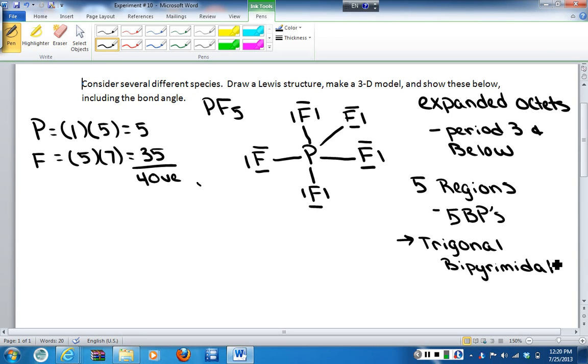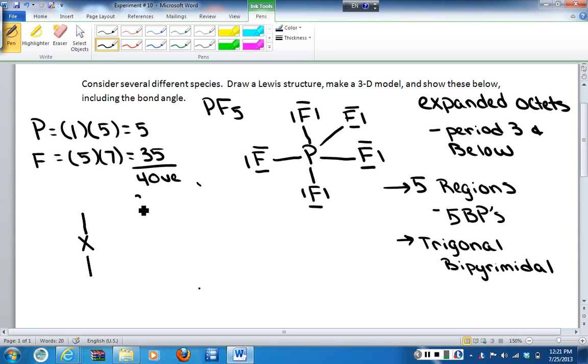With trigonal bipyramidal, if we look at it as a 3D molecule, when we have 5 regions of electron density, we're going to have a central atom and 2 bonds that are straight up and down. These 2, which are exactly opposite each other, are what's known as axial bonds.